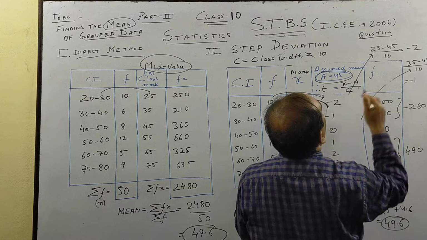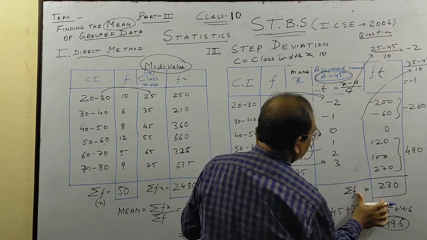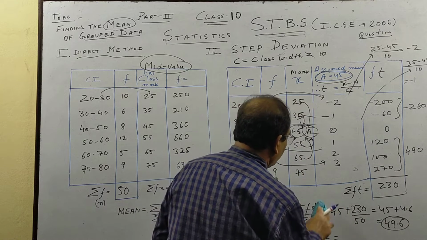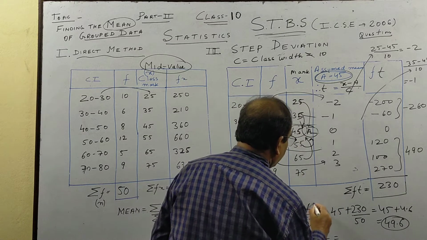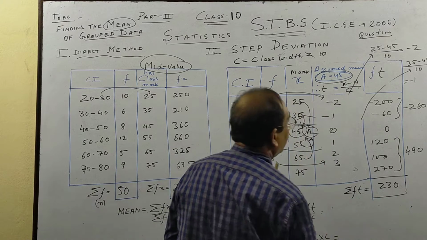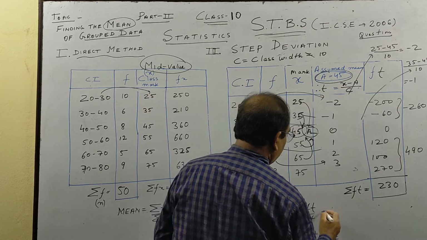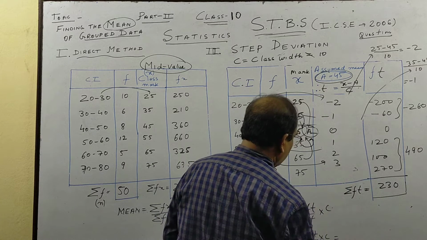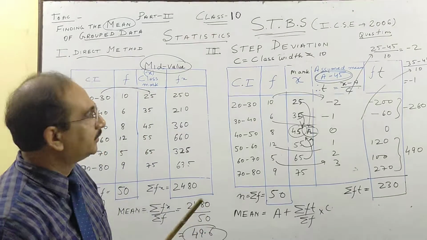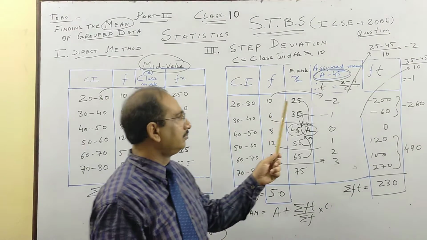The same formula we will have, ft, and since we have divided by c everywhere, the answer will be multiplied with c.